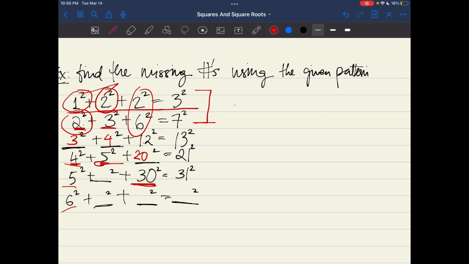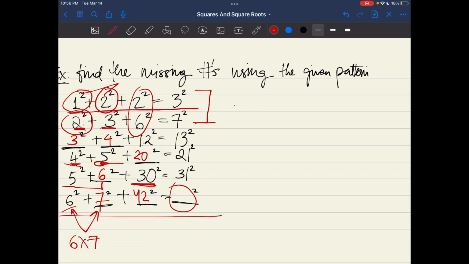Similarly, since this number is a product of these two, this will be 6 squared, since 5 times 6 is 30, right? And now for the last one, what will that be? We know that this has to be 7 squared, since consecutive, according to the pattern. Then this will be the multiplication of this, so 6 times 7, which is 42, right?